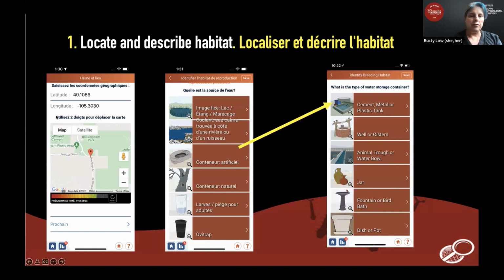So I just wanted to give you a couple more screenshots. I think this is more than you need, but just to show you that this is how all our apps work the same on GLOBE Observer. First, you find the latitude and longitude automatically using your device. Then you decide what kind of container you find, and then you look at that container and you identify it.